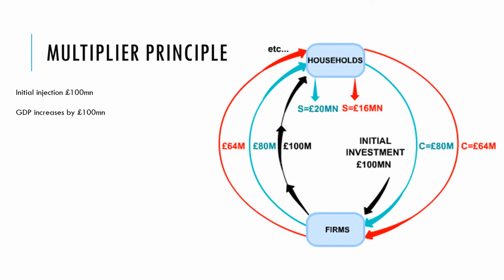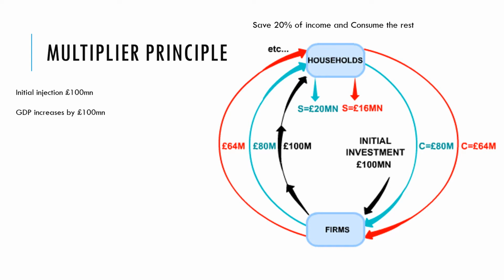But let's then think what happens to that £100 million. That £100 million is being earned by firms, and eventually that will circulate back to households. So eventually households are going to receive that £100 million in the form of wages or profits or dividends. So what happens then? Well, let's imagine that households save 20% of income and consume the rest.